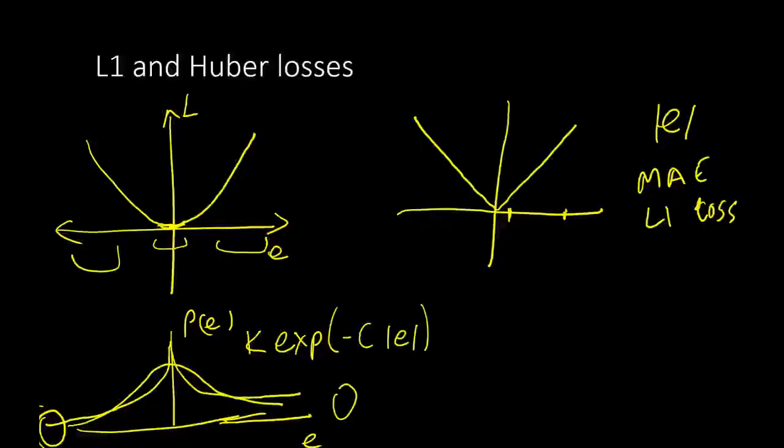Now the undesirable property of this L1 loss is that near the origin it is still giving as much importance to small errors as it is giving to large errors, and by importance I mean the magnitude of the gradient, which is not desirable. So a compromise between L1 and L2 loss: this is L2 loss, which is MSE, mean square error, and this is L1 loss, which is MAE.